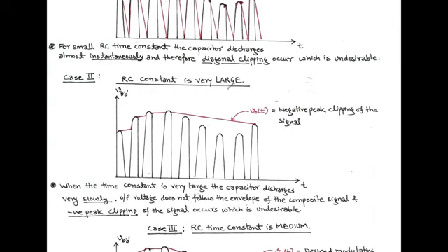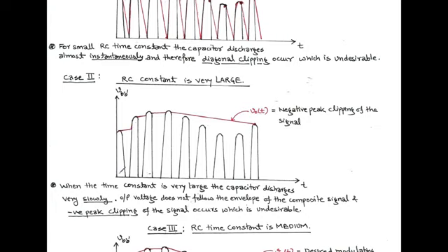In the second case, we consider a very large time constant. Here again we consider the voltage at point B dash, all having positive half cycles. When the time constant is very large, the capacitor discharges very slowly.